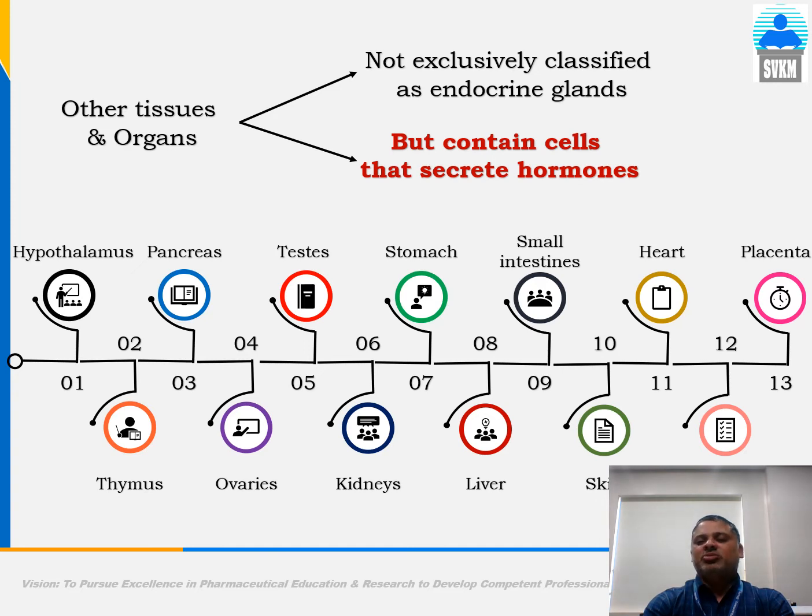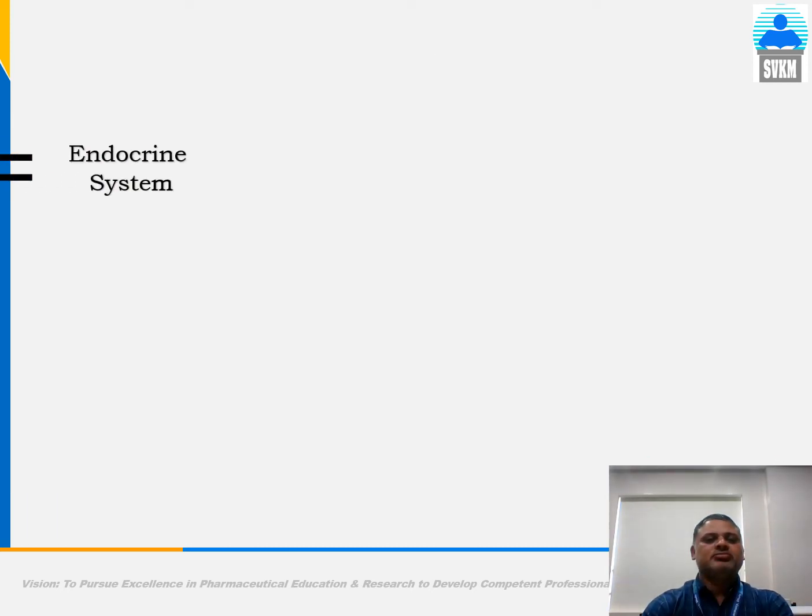These are some tissues or organs that are not exclusively classified as endocrine glands, but they have certain cells that secrete specific types of hormones into the circulation.